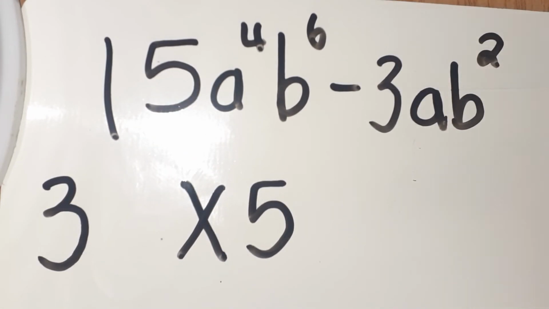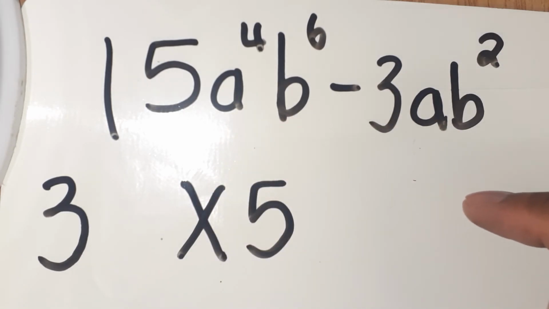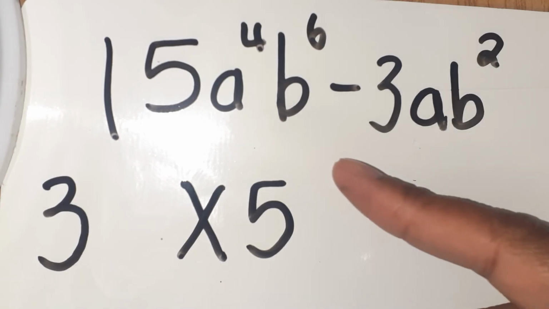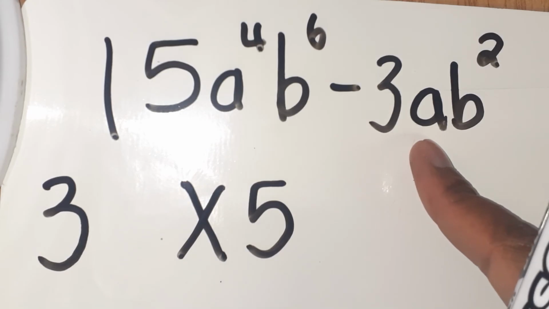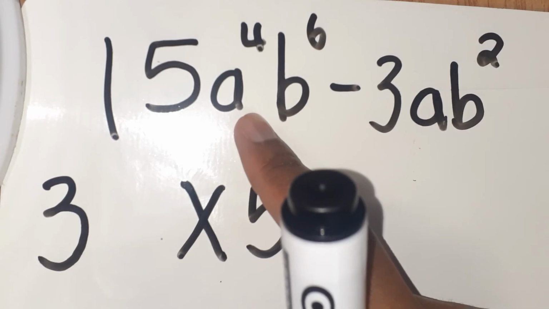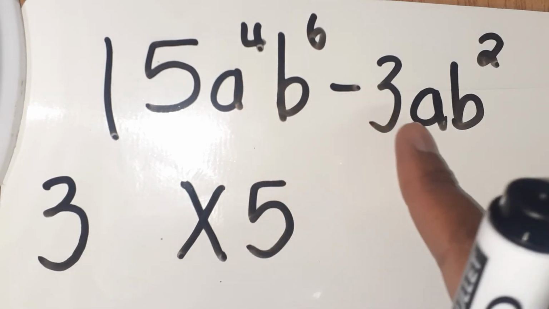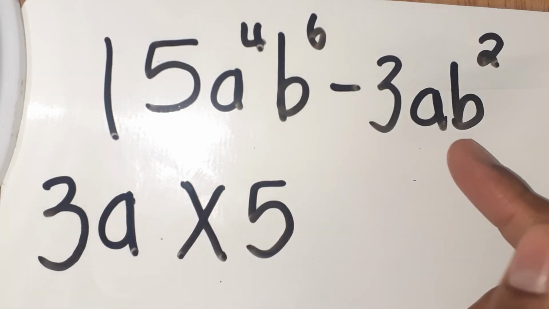We have 3 outside. Now we have to distribute a and b so that we solve this in the best way possible. This is a, this is a, so we cannot say a to the power of 4 or 3 because it's not going to apply here. So let's just say a as it is here, because here we have a.